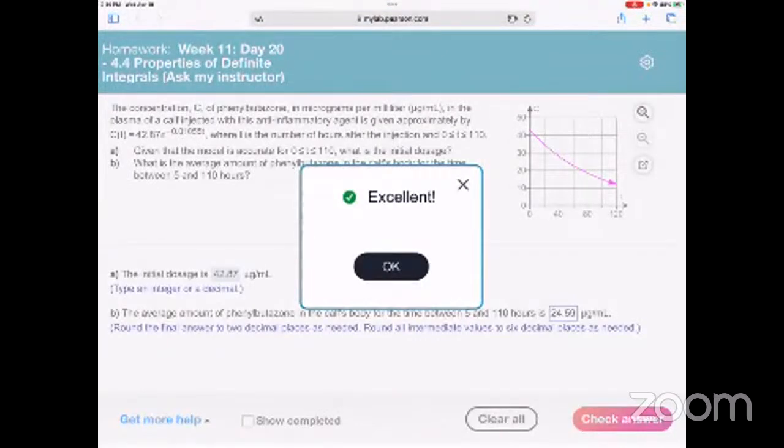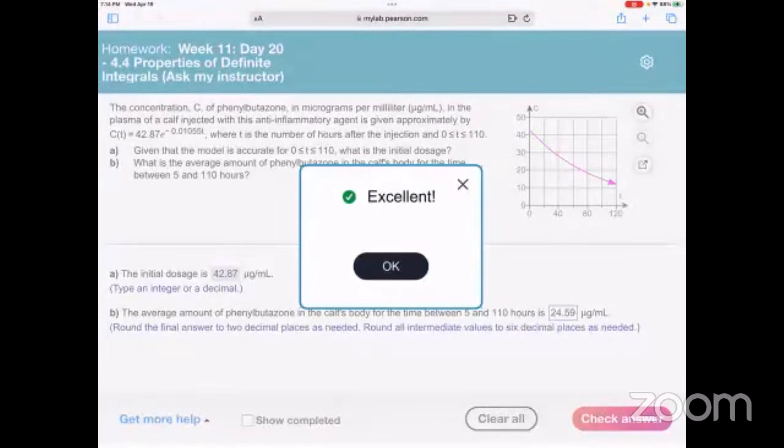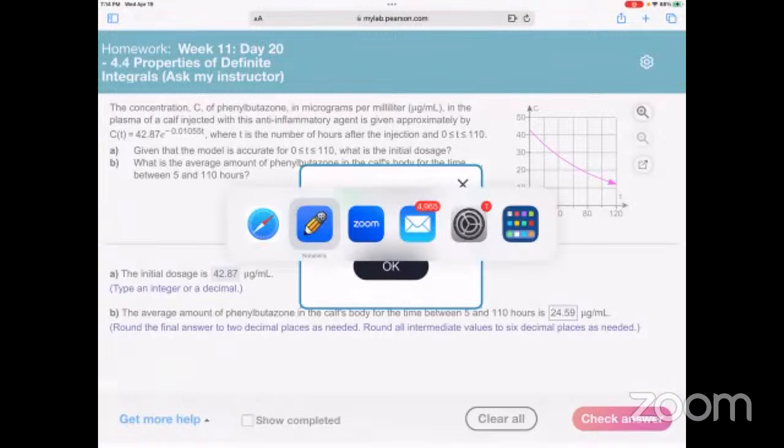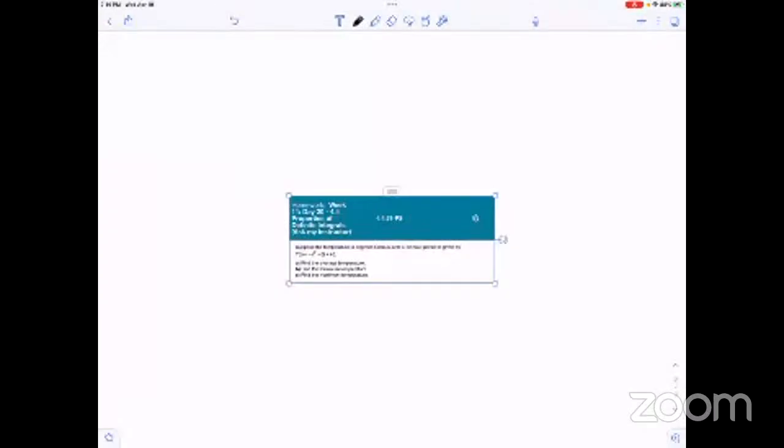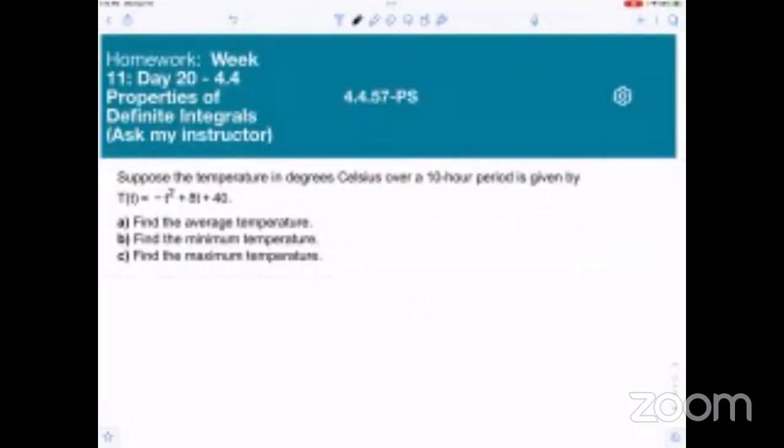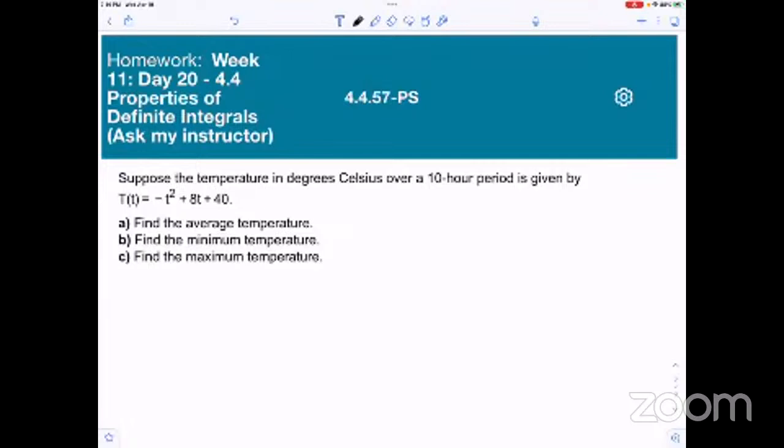I'm going to copy and delete, and pull this one up instead of the soft copy. All right, so it says, suppose the temperature in degrees Celsius over a 10-hour period is given by this. Find the average, the minimum, and the max temperature.